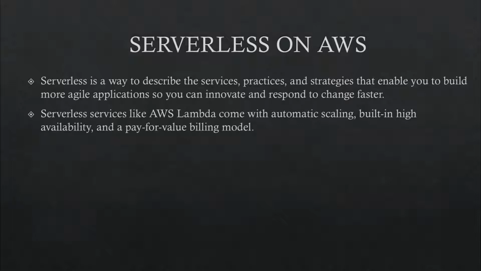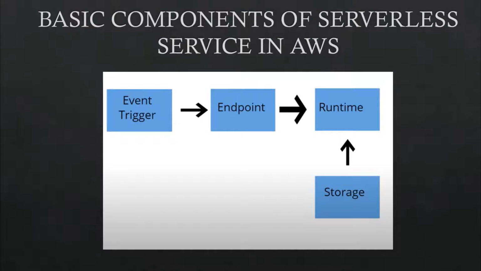So let's take a look at what the basic components of a serverless service are. The first thing is the trigger event, or event trigger, which is fired based on a request or an event through an endpoint or a gateway, which then communicates with the serverless service runtime.